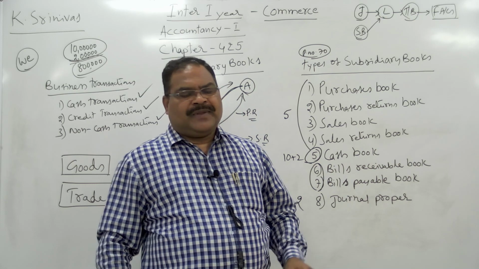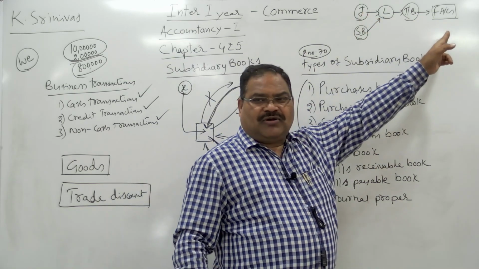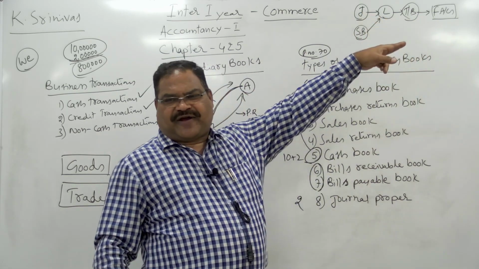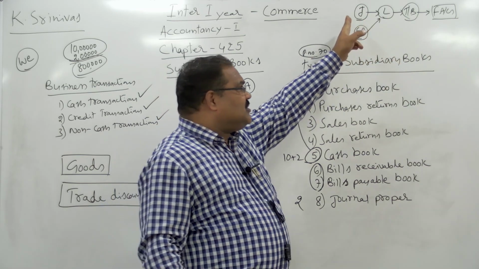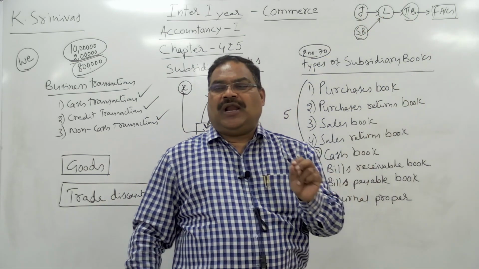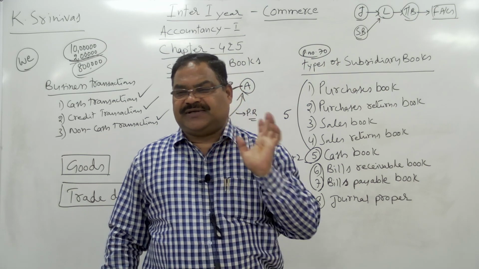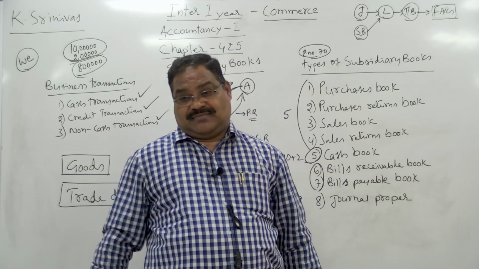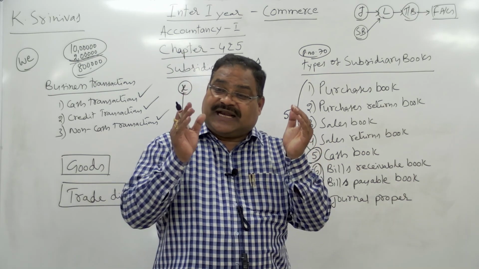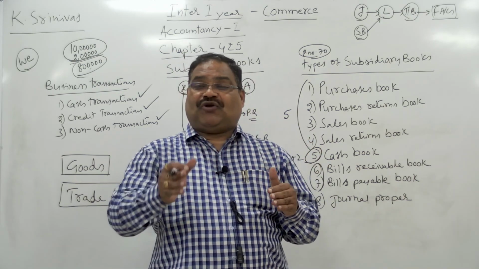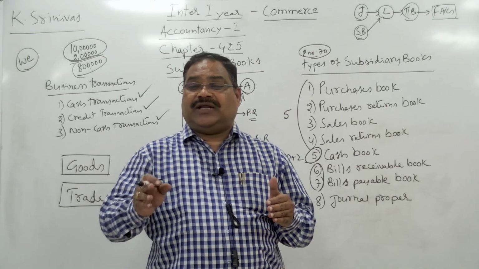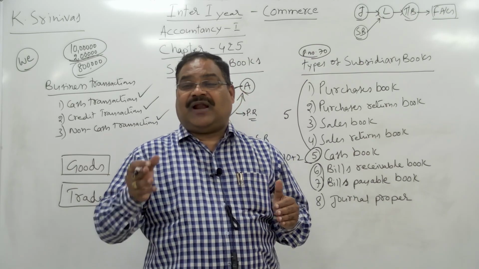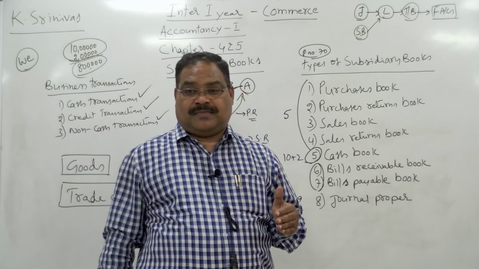Listen carefully. This particular accounting cycle from journal to the final account is suitable for small business organizations where the transactions are limited. If the transactions are limited, you can write your entries, prepare your ledger, and transfer to the trial balance, and so on.